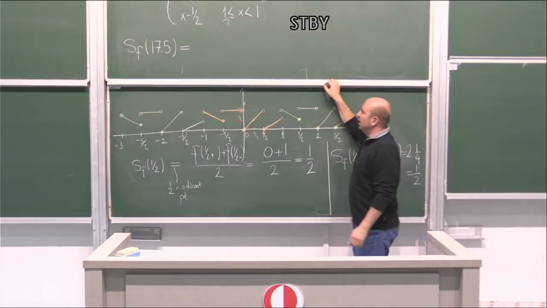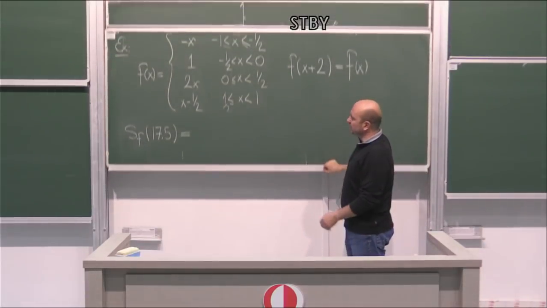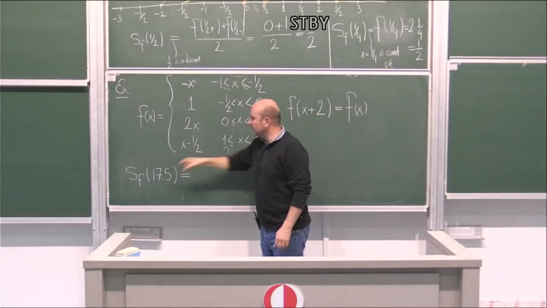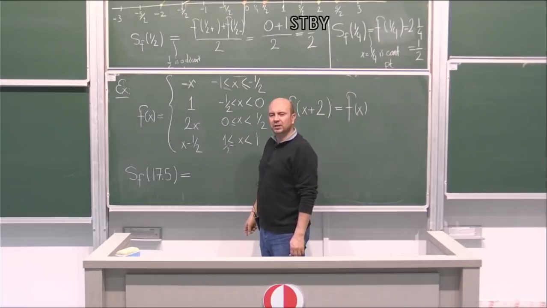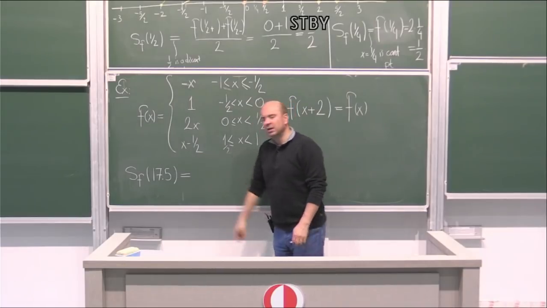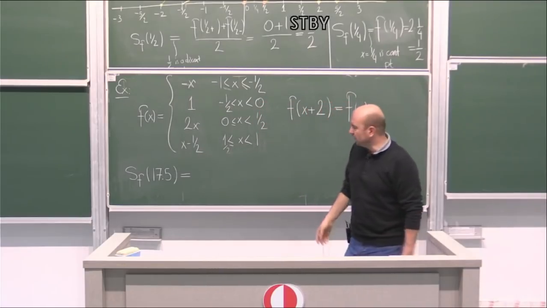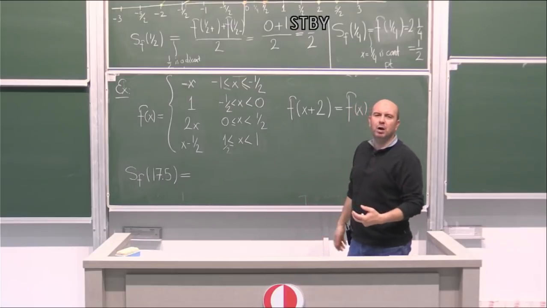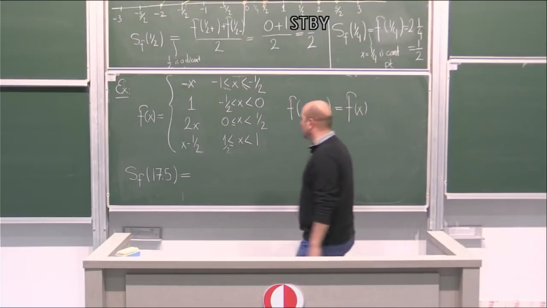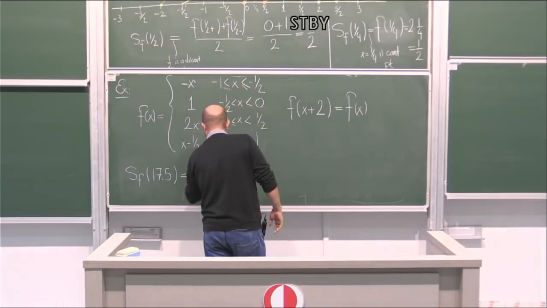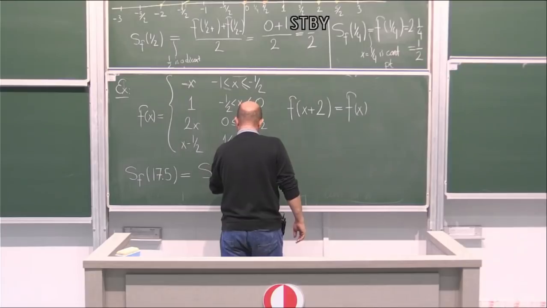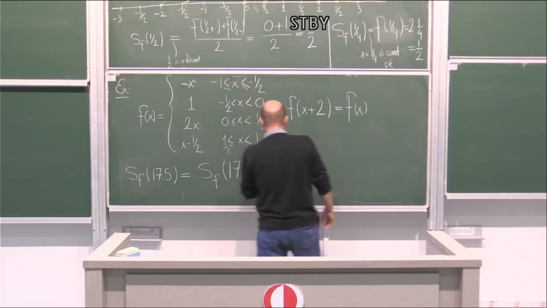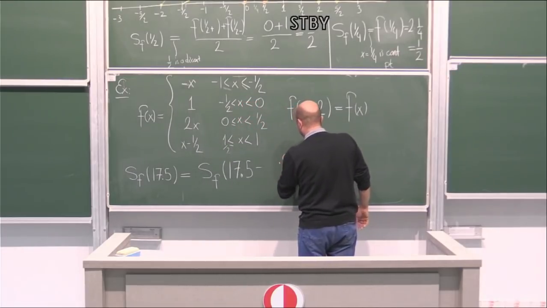So then, how can I compute this thing? If I subtract 2 from this, I will get the same value. If I subtract 4 from this, I will get the same value. If I subtract 6, I will get the same value. So what I'm doing, I'm just subtracting multiples of my period. Now my period is 2.